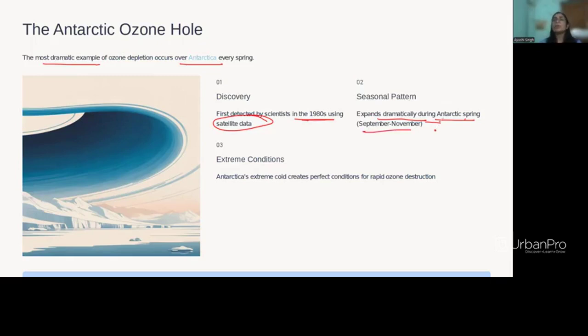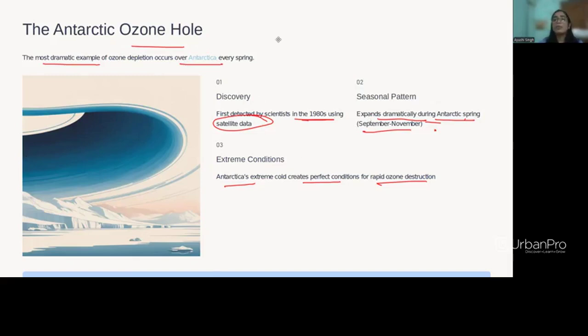At this period of time the ozone hole expands, and Antarctica's extreme cold creates perfect conditions for rapid ozone destruction. At its peak, the ozone hole can be larger than the entire continent of North America. So you can imagine how much impact it can create.